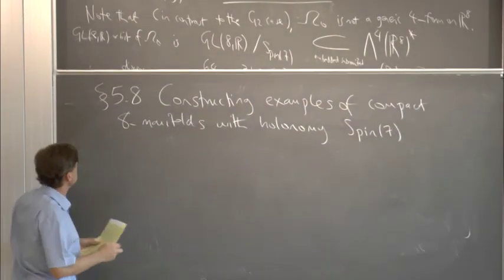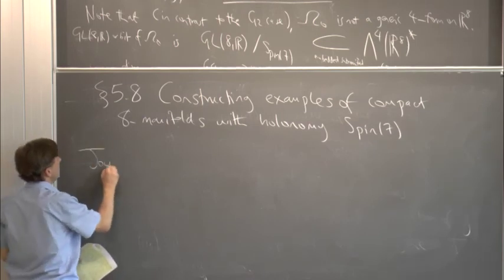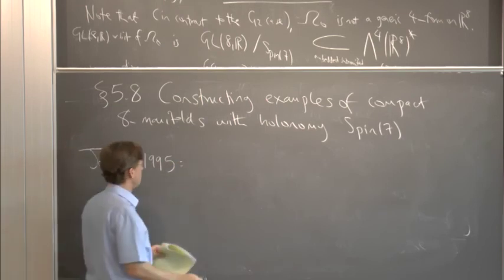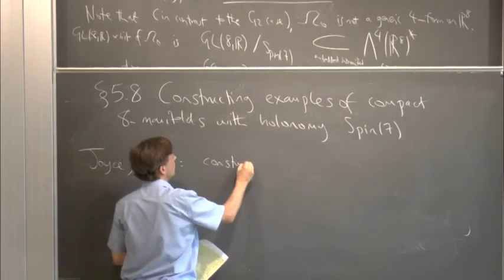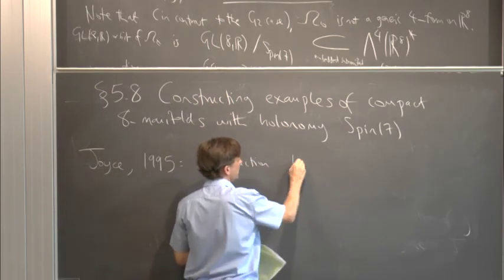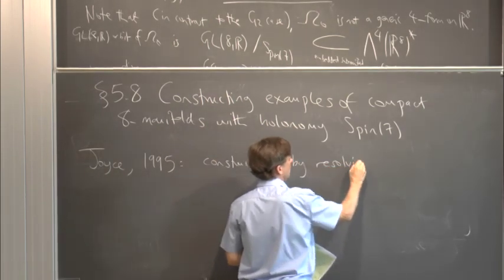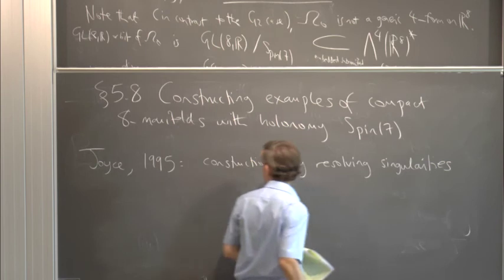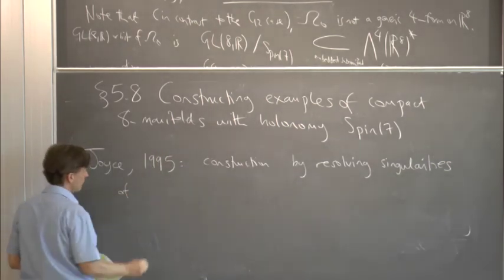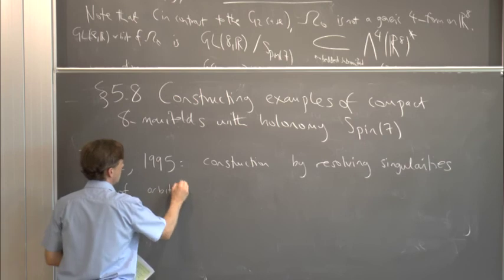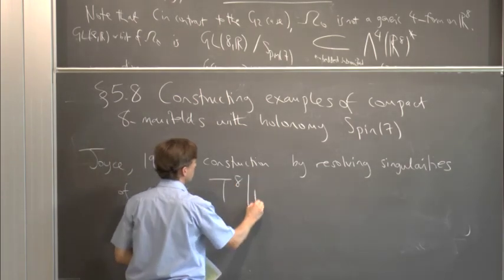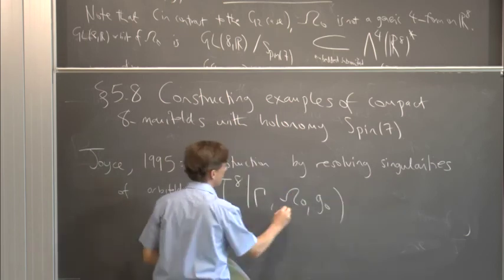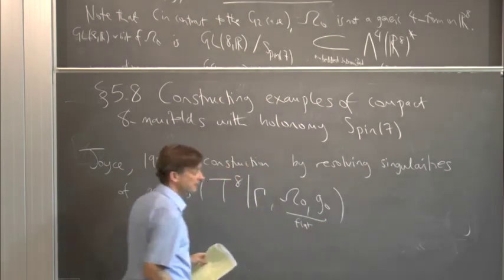So, well, basically by me in 1995, there's a construction by resolving singularities of basically orbifolds of the form T^8 mod Gamma and then flat Spin(7) structures.